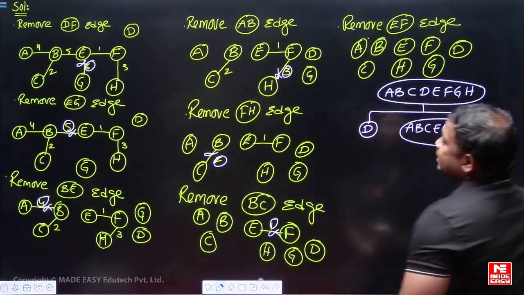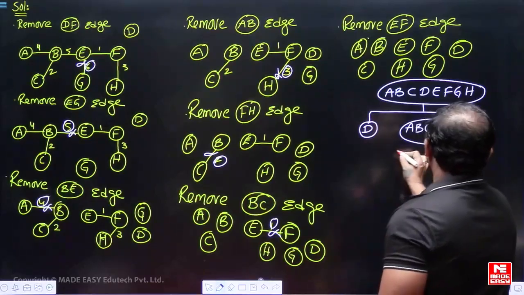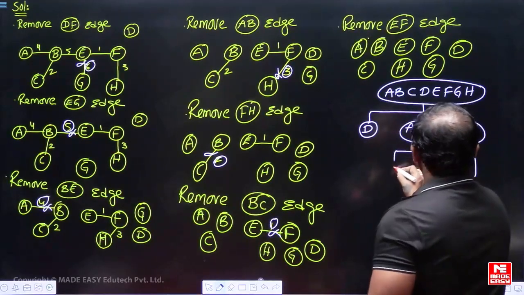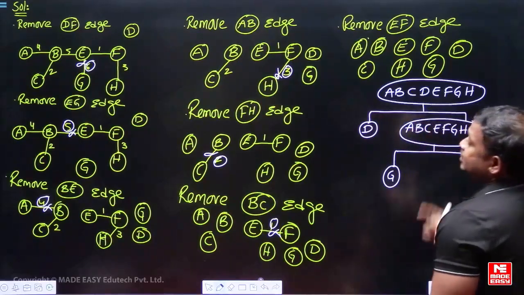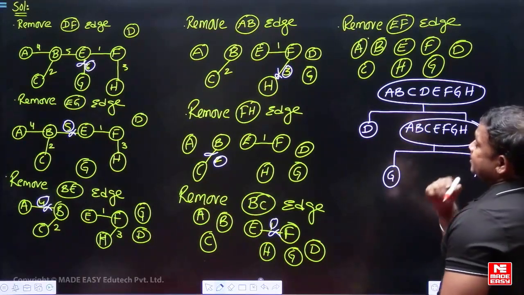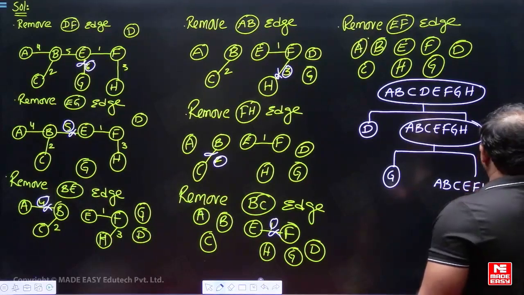Now next splitting is what? This will be dividing into 2 parts. G, and after that G is separated now. G separated. Now A, B, C, E, F, H.